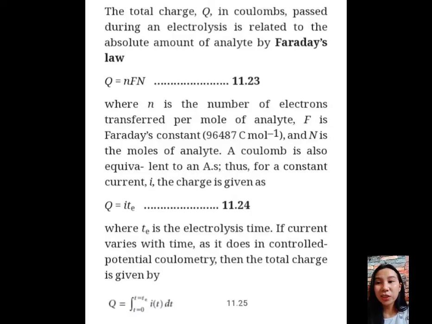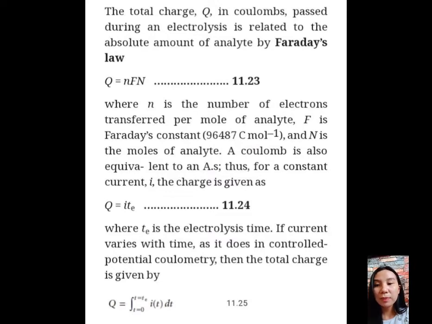The total charge Q in coulombs passed during an electrolysis is related to the absolute amount of analyte by Faraday's law, wherein Q = nFN, where n is the number of electrons transferred per mole of analyte, F is Faraday's constant, which is 96487 C mol^-1, and the capital N is the moles of analyte.